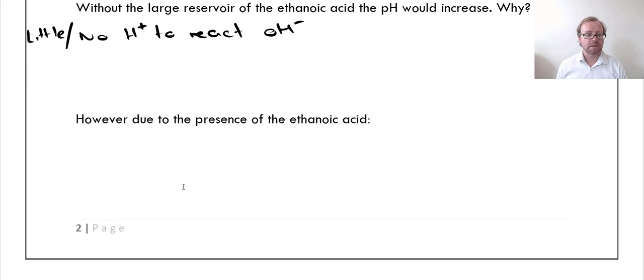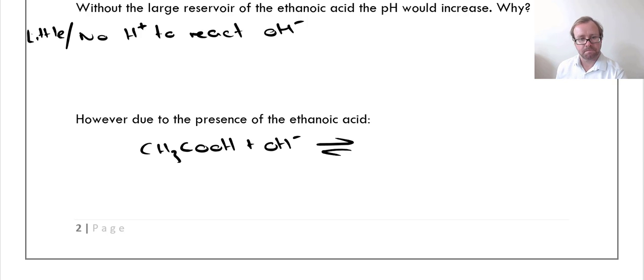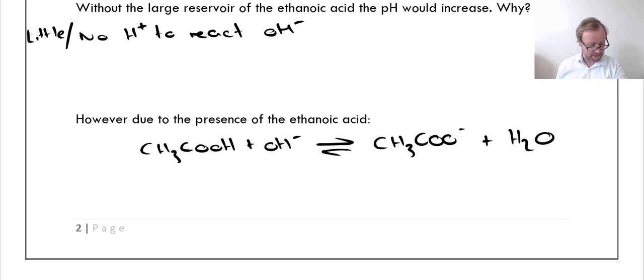However, due to the presence of the ethanoic acid, my reservoir of ethanoic acid can now react with my OH-, which will produce some more ethanoate ion and water.